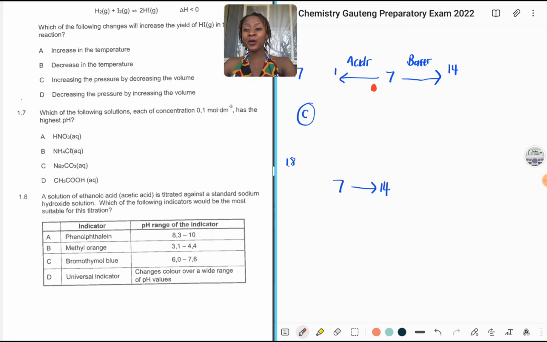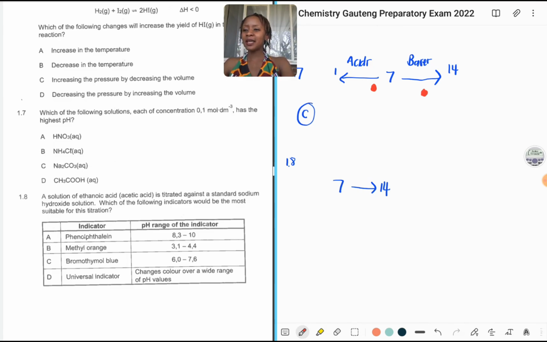Then you have your sodium hydroxide, which is probably closer to 14 because it's a very strong base. So what pH are we expecting from this titration? I think we'll be expecting an answer closer to, I don't know, maybe 10, 12. Yeah, I don't know. But a high pH.